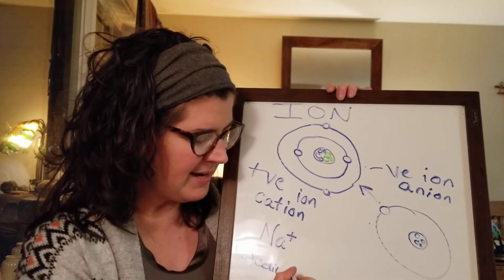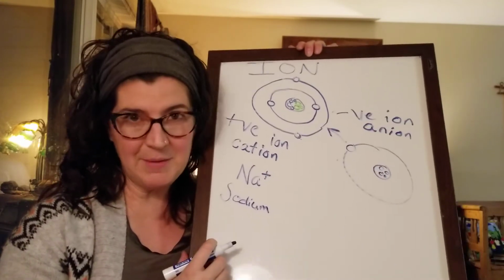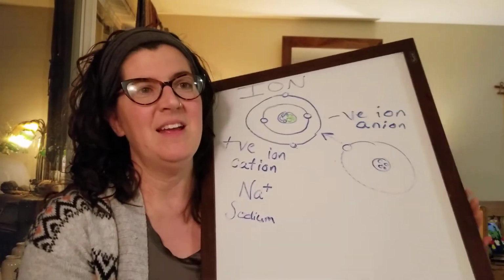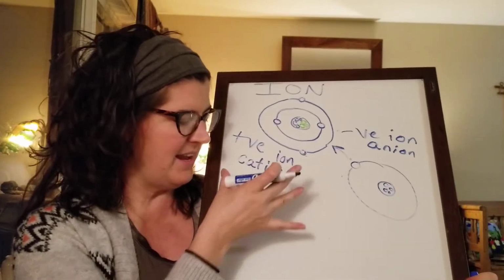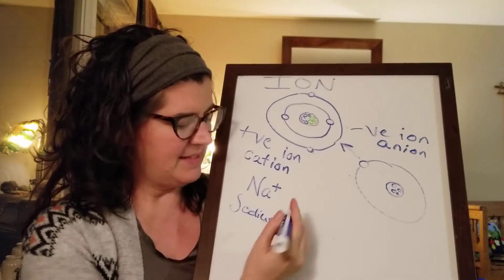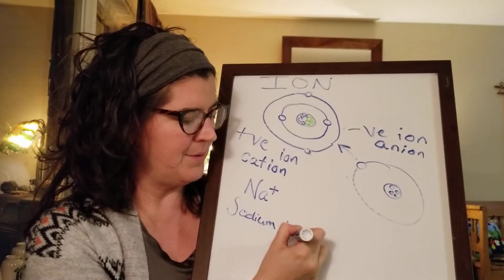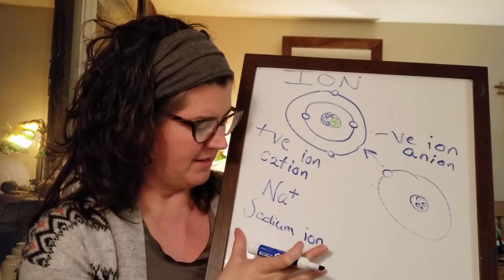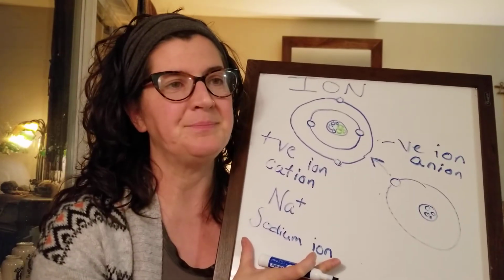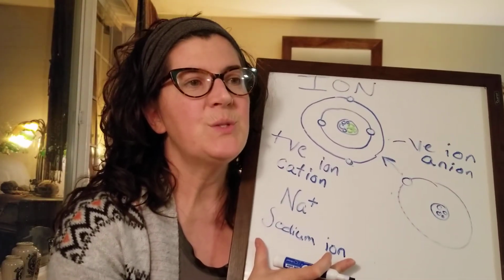Well, you've got to still say the name of the actual element somehow when you're describing it. Yes, individually it's a cation, but as a whole, maybe you have a whole bowl full of salt. These are sodium ions.